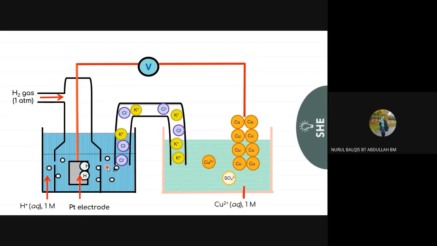Okay, now, we expect the hydrogen SHE to undergo oxidation. So bila undergo oxidation, electron will be on your right hand side or left hand side dalam reaction. Nak release electron. Electron to be released kan? So we must first start with H+ or H2 gas. You want to release electron on this side.